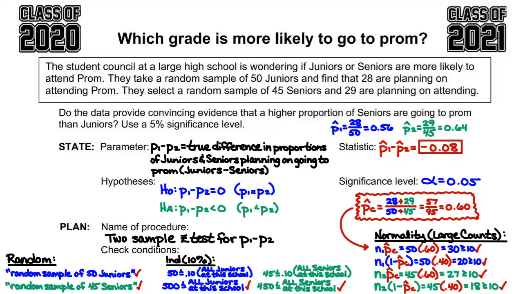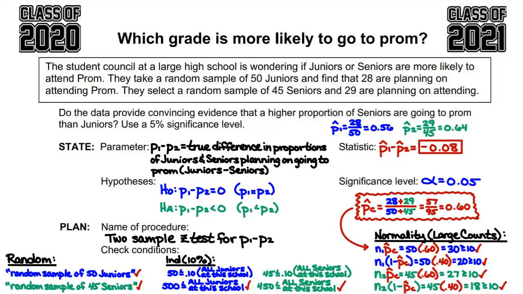What's the general formula that we need to use for a significance test for a proportion? This would be the same as what we did on the homework. Statistic minus parameter over standard deviation.